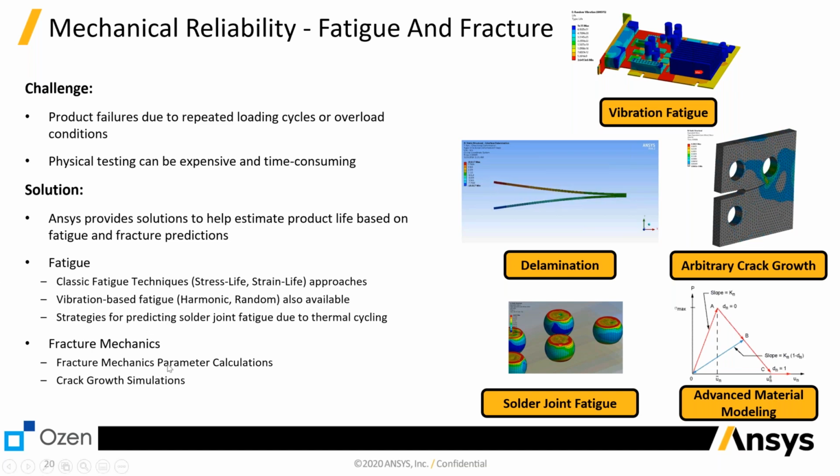Also, if there is any crack implemented, we can predict its crack path. Once it starts running, which way is the crack going to go? We can definitely simulate the crack failure.